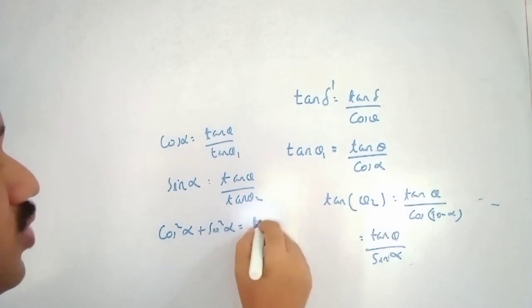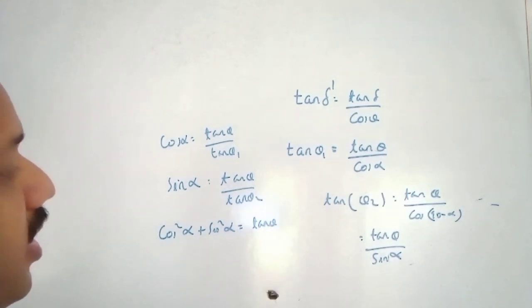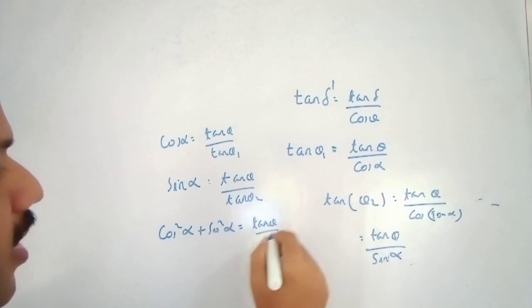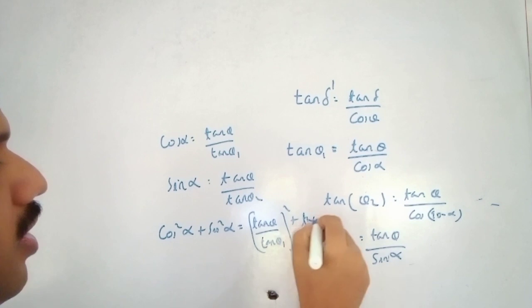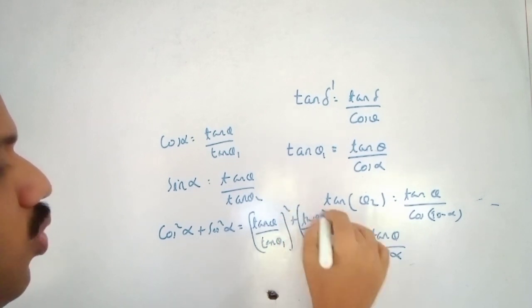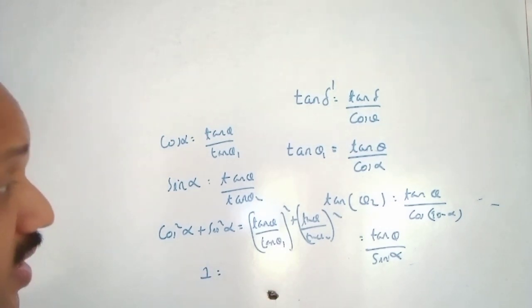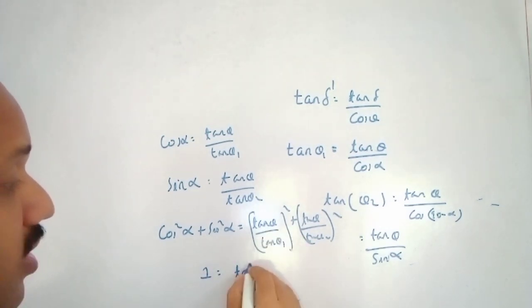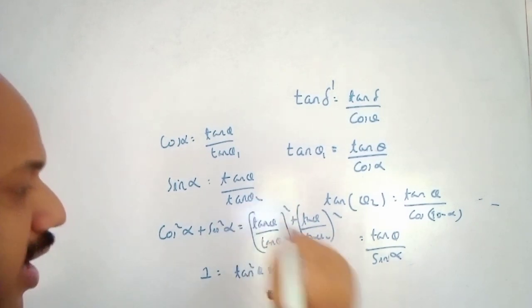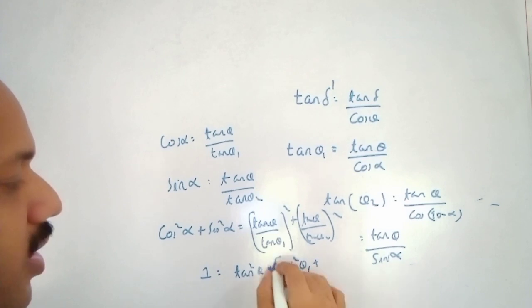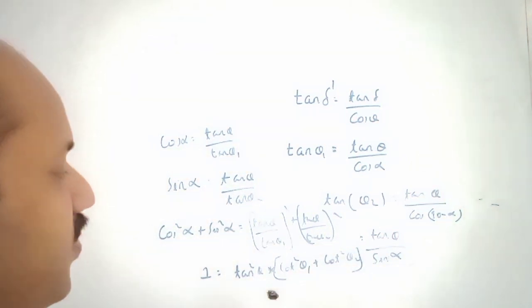On the right side, it is tan theta divided by tan theta 1, all square, plus tan theta divided by tan theta 2, all square. Left side is 1. This is tan square theta into cot square theta 1 plus cot square theta 2.